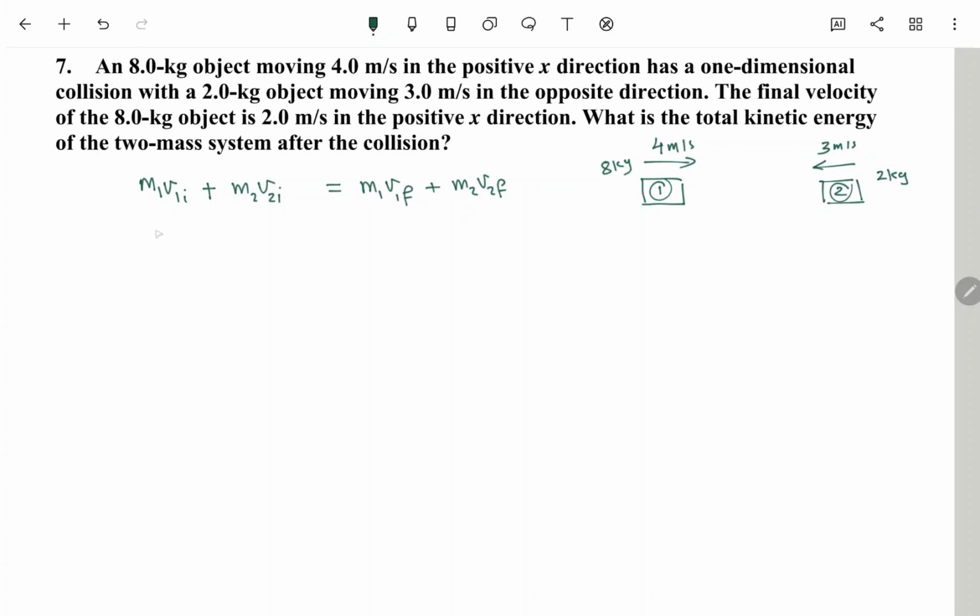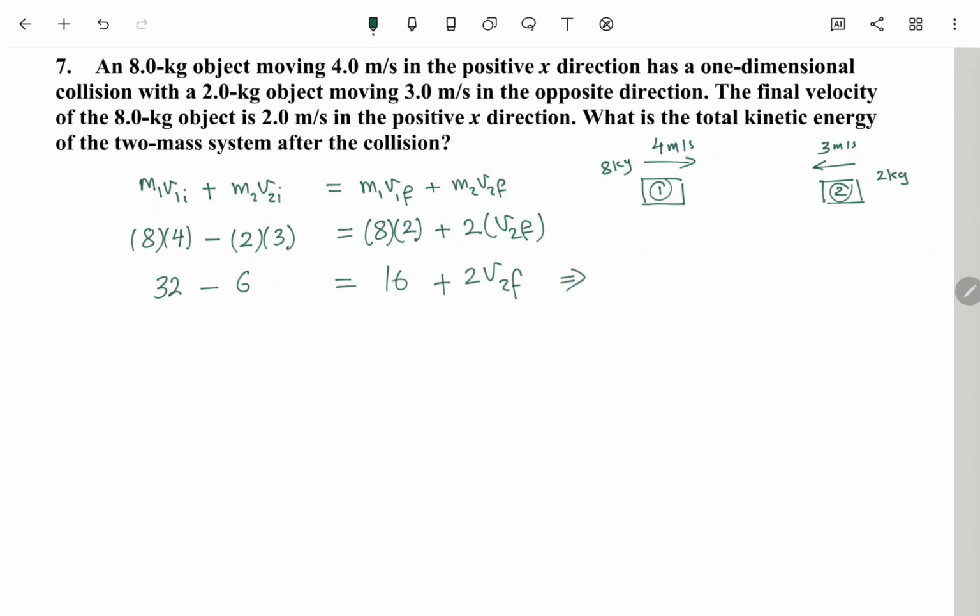You substitute the numbers. 8 times 4 is 32, minus 6, equal to 8 times 2 which is 16, plus 2 V2 final. You simplify this and you will find V2 final equal to 5 meters per second.